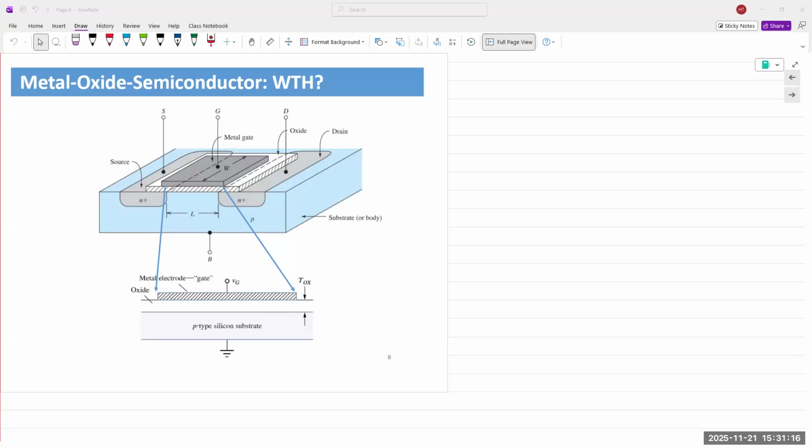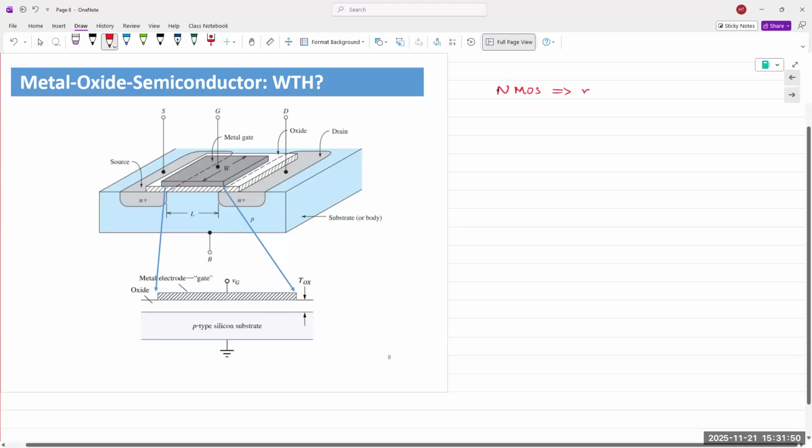The metal oxide semiconductor, MOS, stands for the sandwich layer on top of the gate terminal. And that's why it's metal oxide semiconductor. And then depending on whether the channel is N-type or P-type, we have N-channel MOSFETs or P-channel MOSFETs. And so it's NMOS or PMOS transistors.